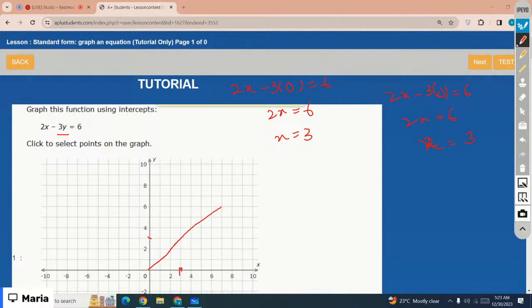The basic thing to learn here is how we plot the graph when the equation is given in standard form: just plot both the intercepts on the graph and make a line.